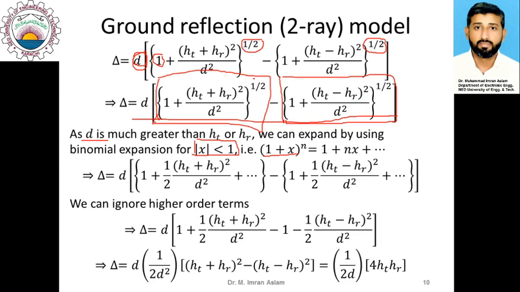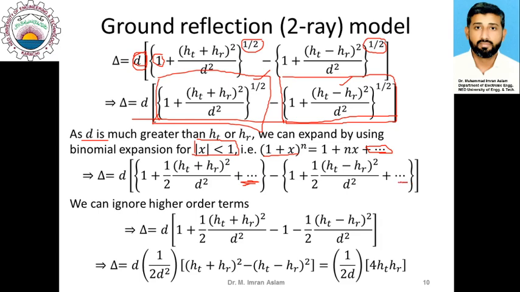So these terms, this one and this one, can be conveniently expanded by using binomial expansion, which is represented here, where these dots are representing the higher order terms. So this becomes delta d as common, 1 plus half ht plus hr square over d square, plus the higher order terms indicated in dots here.